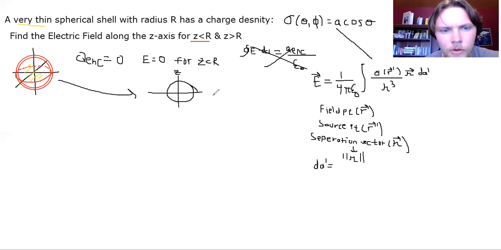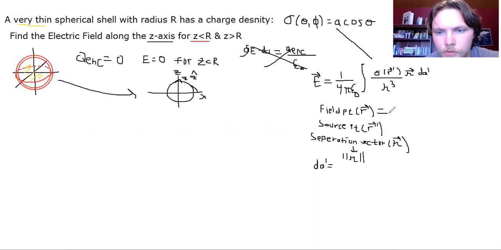It's not going to really change our equation, but I'll just say x for this case. So our field point, since we're looking for the electric field along the z-axis, is just going to point straight up at a distance z, in the z-hat direction.